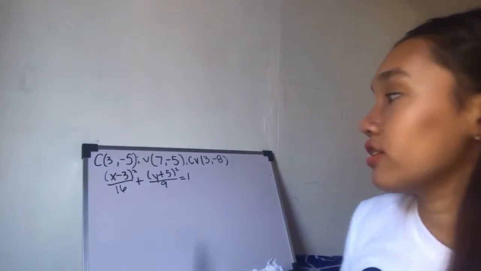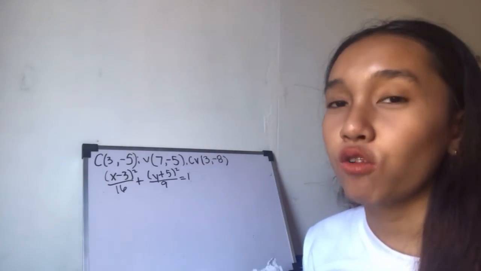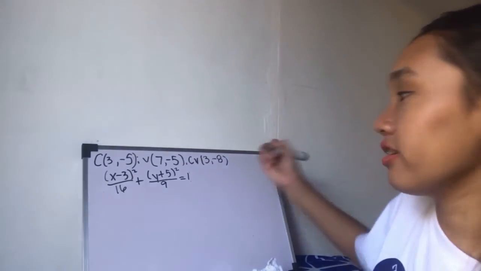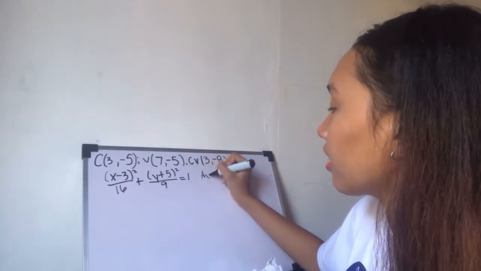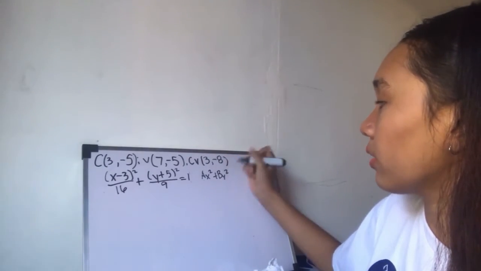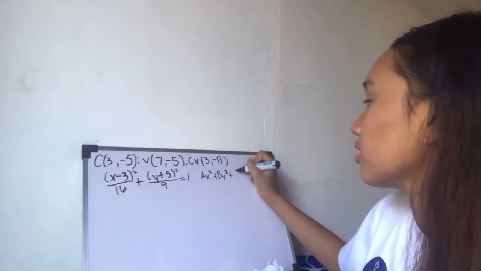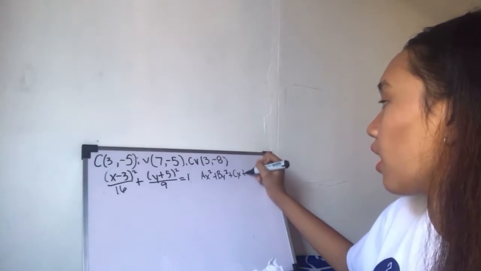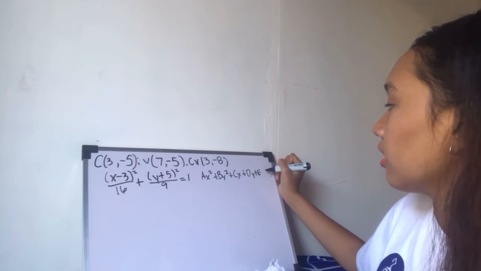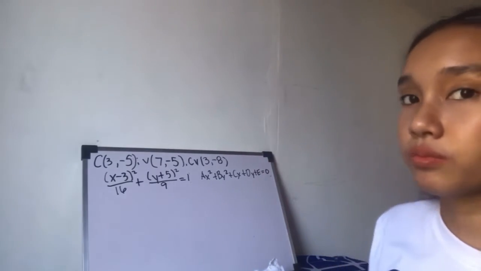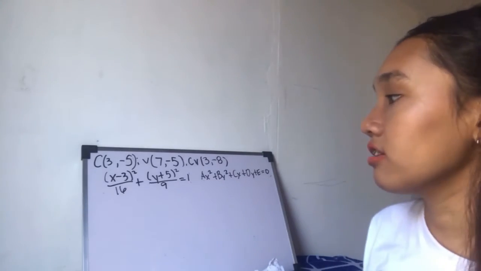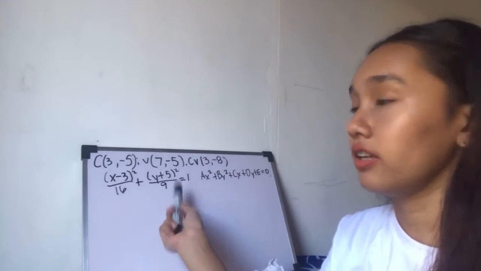Now that we have the standard equation, we can solve for the general equation. The general formula once again is ax squared plus by squared plus cx plus dy plus e equals 0. The first step that we're going to do is to find the LCD of 16 and 9.